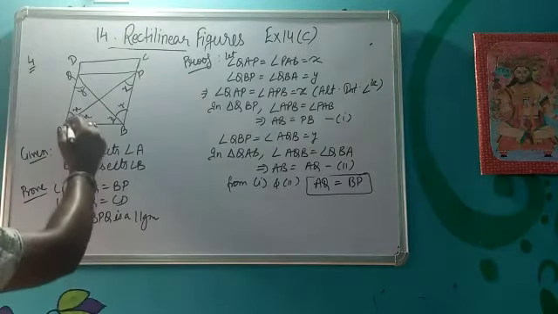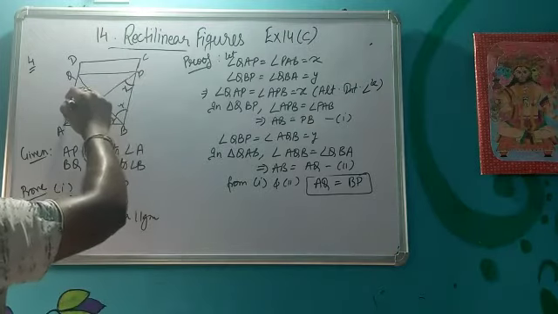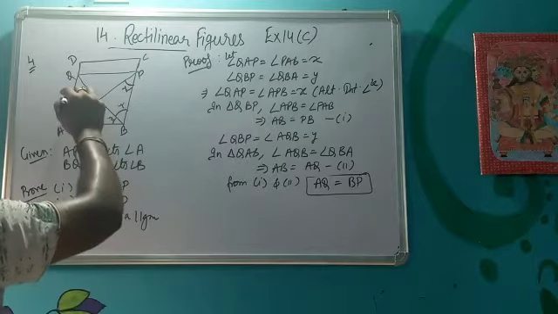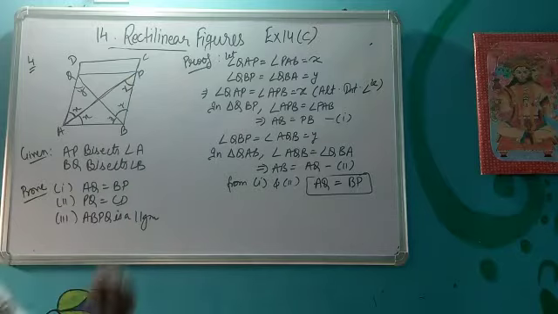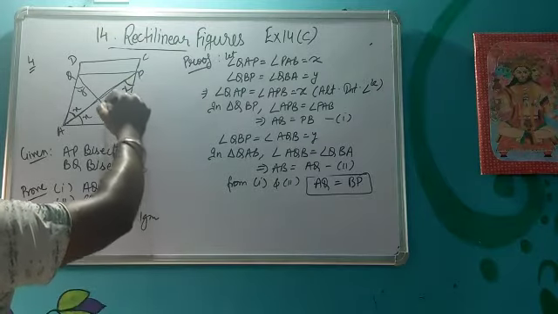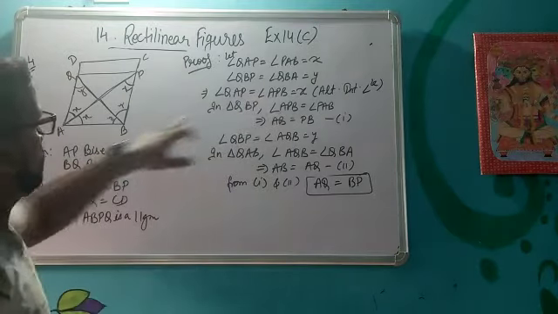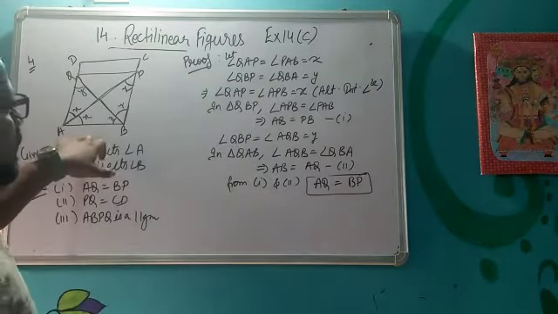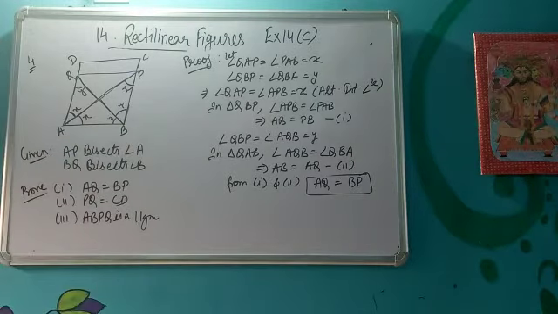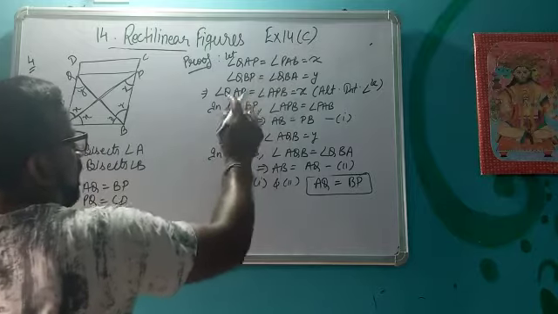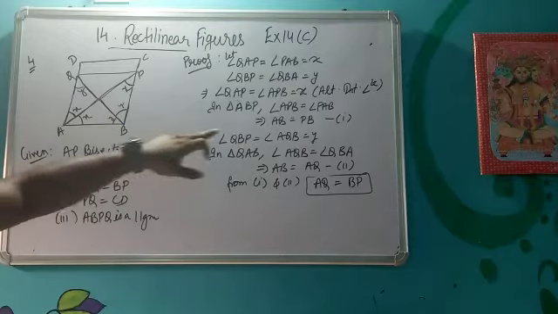So this angle, that is QAP, will be equal to this angle. Why? Because they are forming a pair of alternate interior angles. You can see in this figure. Similarly, this angle is equal to this angle. So these two are X. So if you take triangle ABP, angle APB is equal to angle PAB.